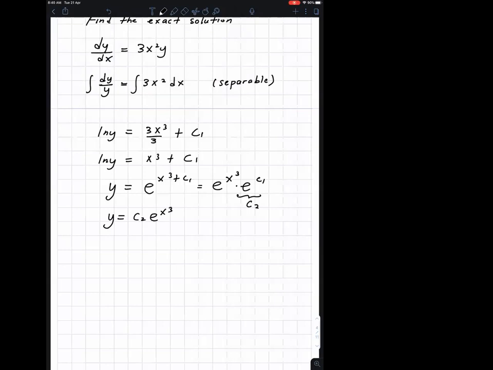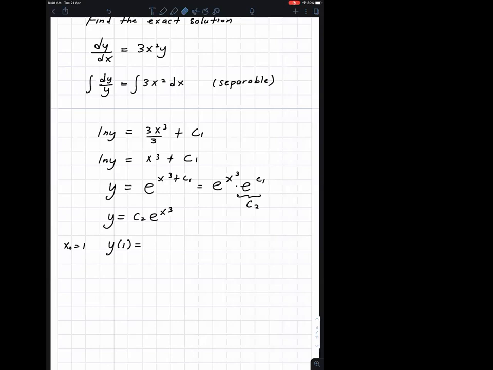Is this solution right? If you want to check whether this is right, then we have to plug in the initial value. The initial value: x naught is 1, y naught is 2.